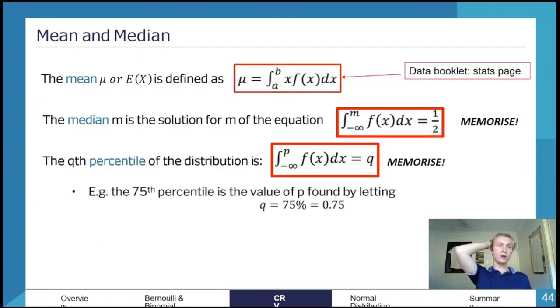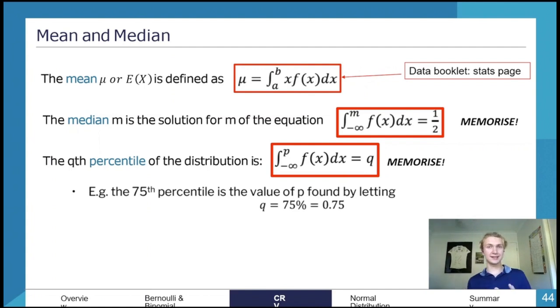Okay, now we're looking for the mean and median of a continuous random variable. As I said before, the mean is equal to the integral between the lower and upper bounds of x times f of x, and then the variance is the same, except instead of x we have x minus mu, the mean, squared, times f of x, the probability density function.